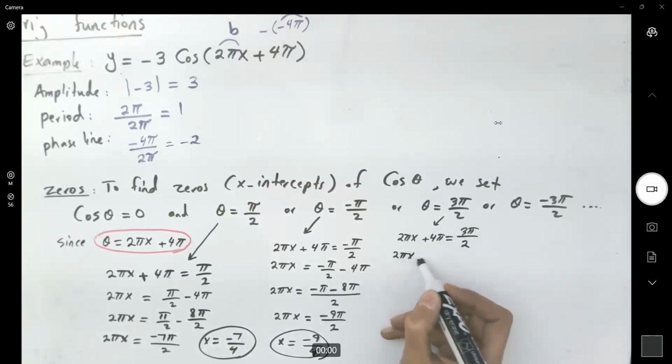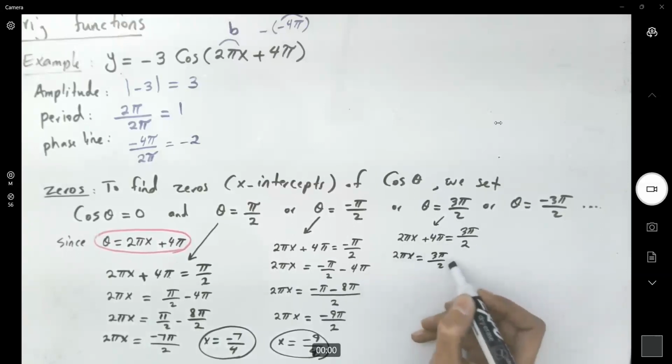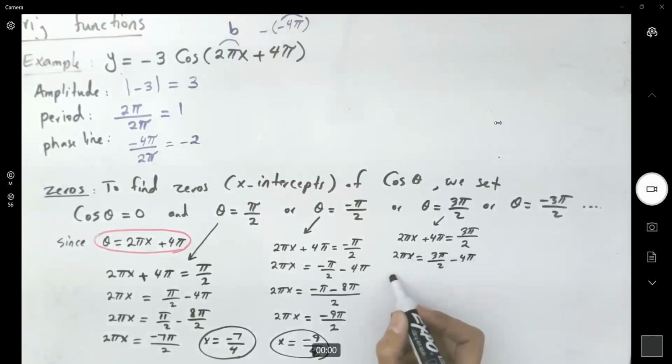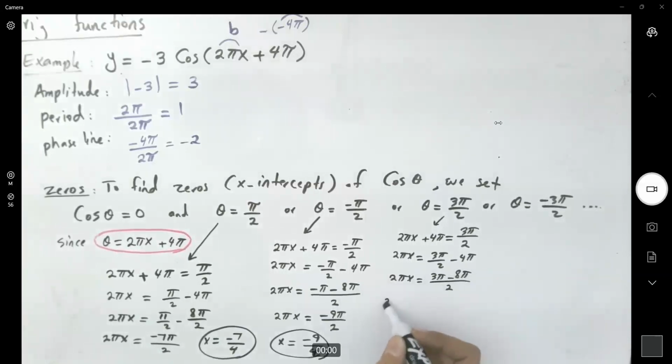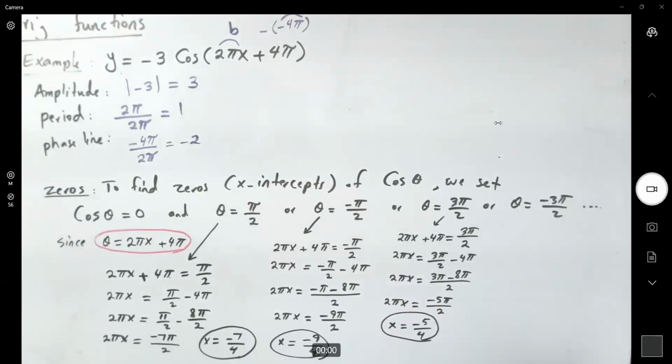So 2 pi x is equal to 3 pi over 2 minus 4 pi, or 2 pi x is equal to 3 pi minus 8 pi divided by 2, or 2 pi x is equal to negative 5 pi over 2, or x is negative 5 over 4. Wow. Okay.